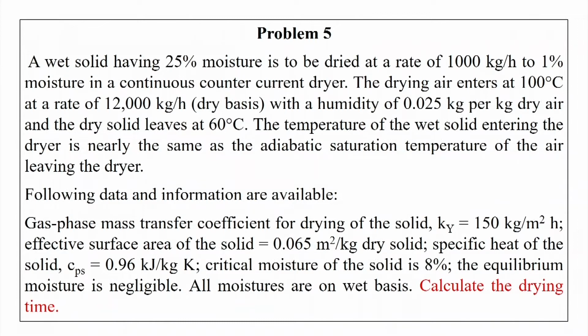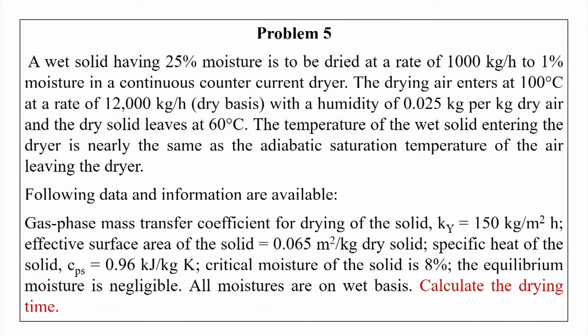As this is a continuous counter current dryer, we definitely have different drying zones. From the problem we assume there are 3 drying zones: zone 1, zone 2 and zone 3.